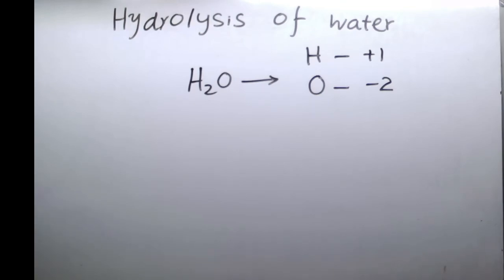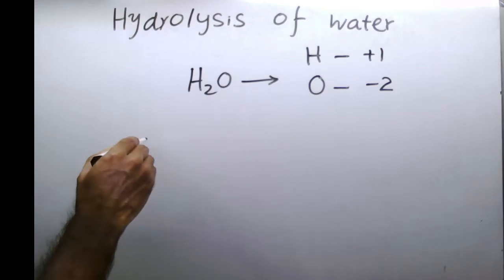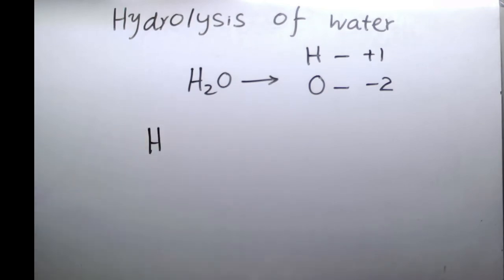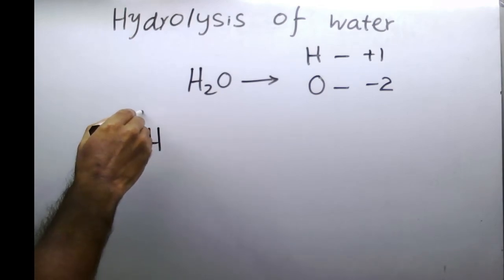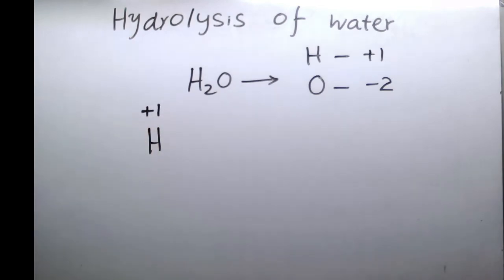Now we have to determine which kind of products that hydrogen and oxygen will be converted to. Let us take hydrogen. Now this is in +1 oxidation state. This is the maximum oxidation number of hydrogen, so it cannot oxidize to another higher oxidation number.